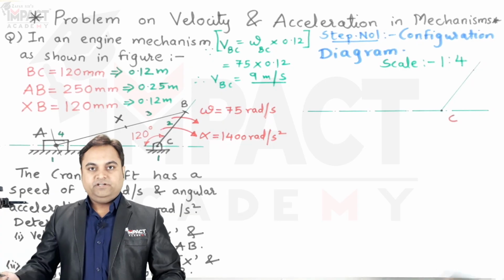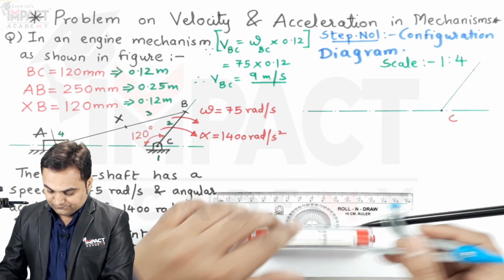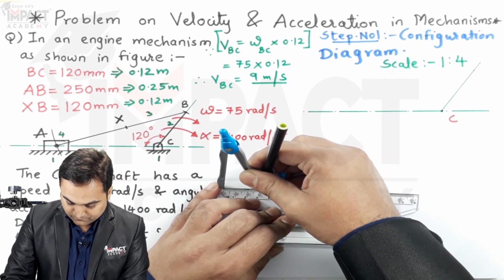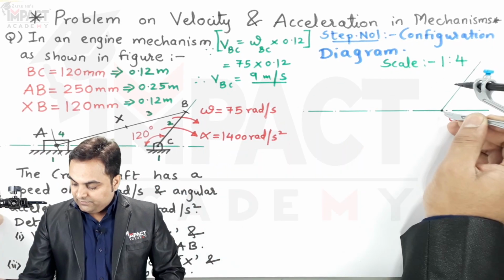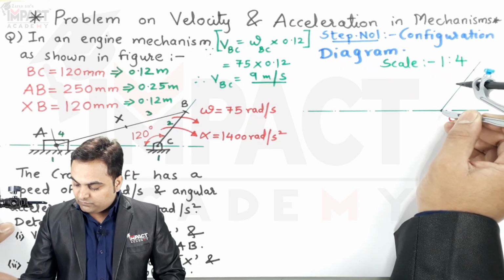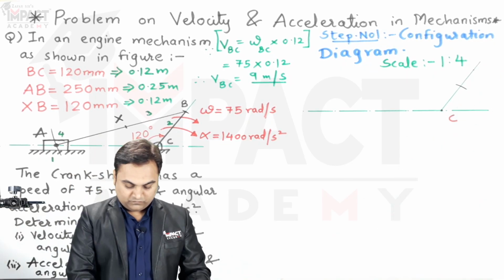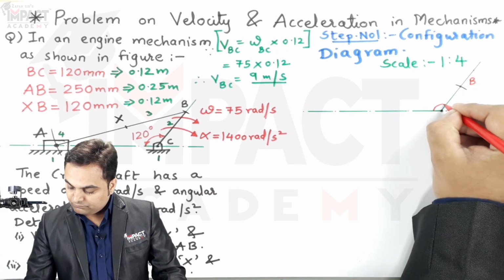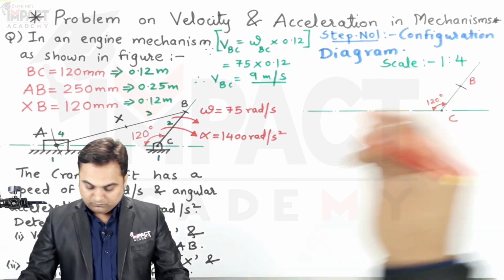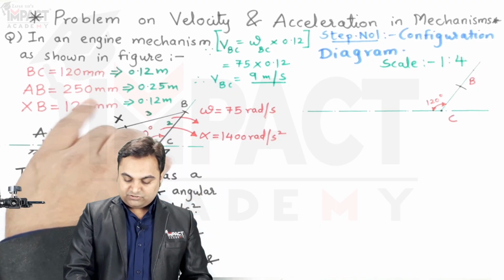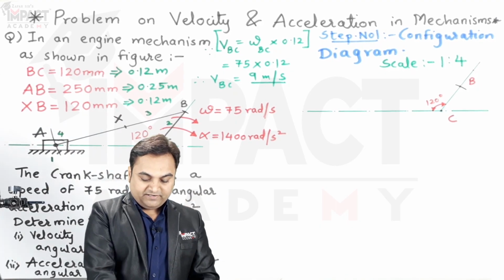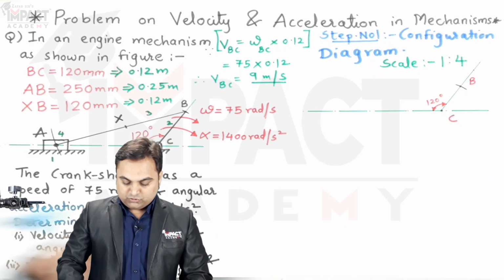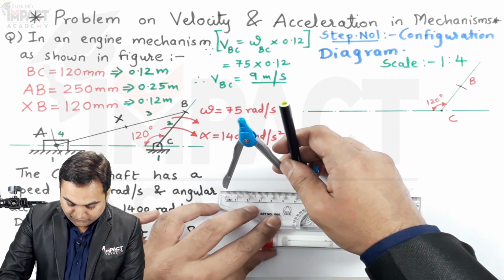So I would be taking 30 mm in the compass, measuring 30 mm distance. Keeping on point C, I am going to cut this line which is at 120 degree. So I get point B. Then AB distance is 250 mm. So when I divide it by 4, I am getting my answer as 62.5. So taking 62.5 in the compass.